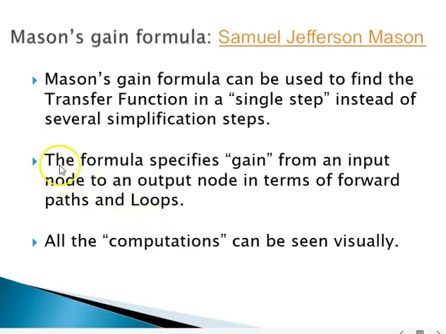Mason's gain formula specifies the gain from an input node to the output node, and in doing that it uses terms involving forward paths and loops. That is why it is very good if you are familiar with what we mean by forward path and loop. The beauty is that all the computation and simplification involved is done visually.